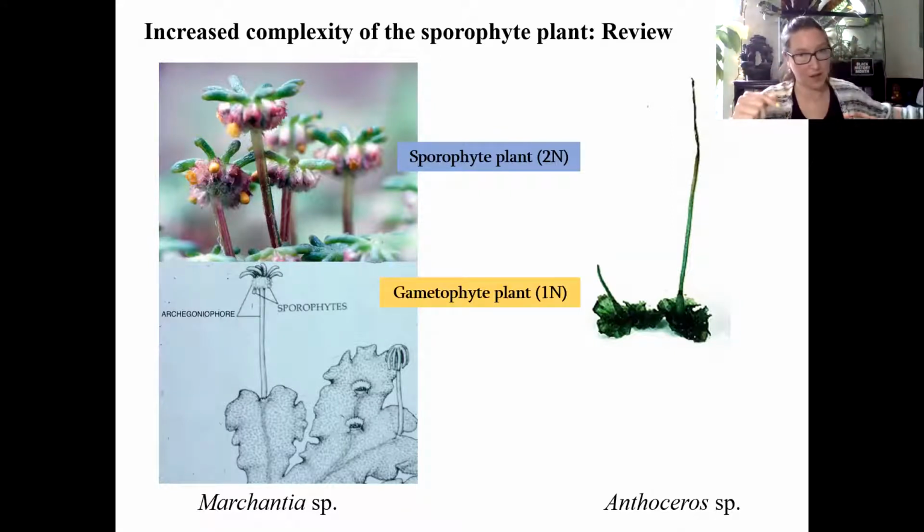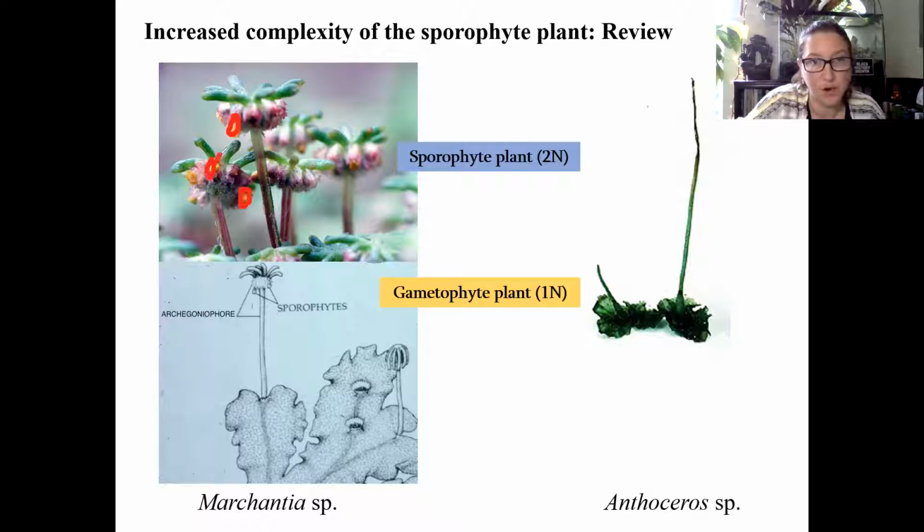So on the previous slide, we saw the mosses. Here's liverworts and hornworts. Where's the sporophyte plant on liverworts? This whole thing? No, not that whole thing. Just this.